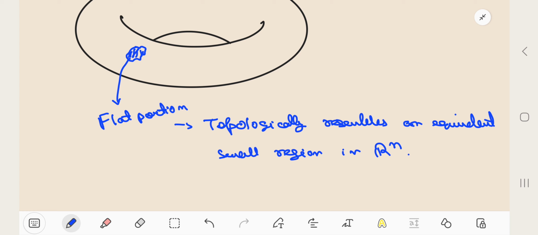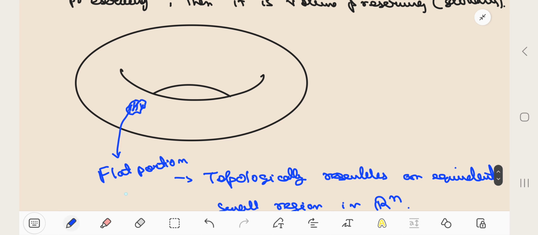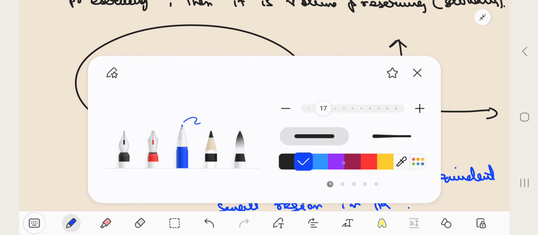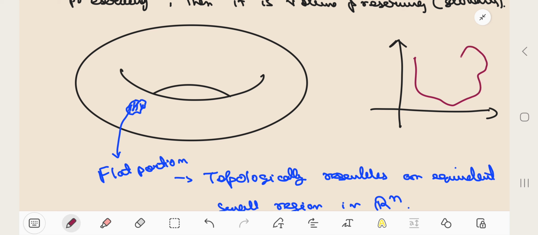But if I choose a large region over R2, suppose this is your R2, and I choose a large region over R2, then this region will not remain flat in the torus, but instead it will get some sort of curved, something like this, for example.